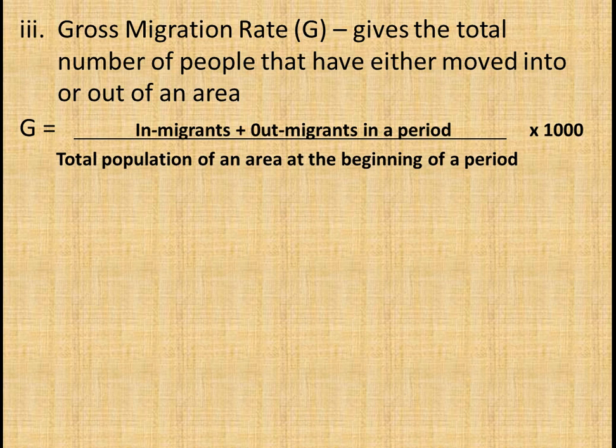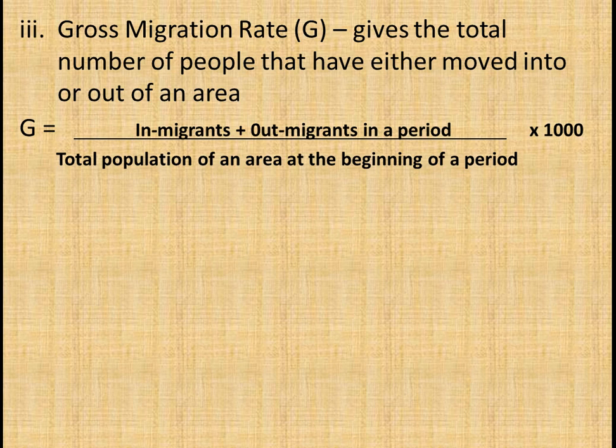So to calculate gross migration rate for a specific area, you simply add in and out migrants and then divide that by the total population of that area concerned. But that population should be at the beginning of the period. And remember, it's per 1000, so you have to multiply it by 1000.